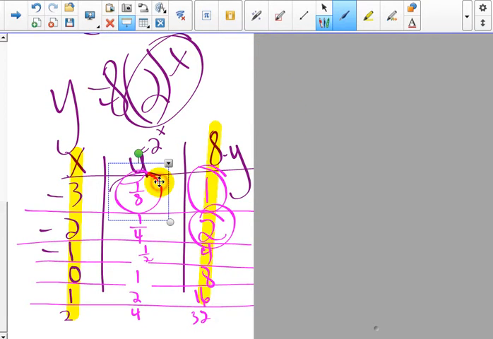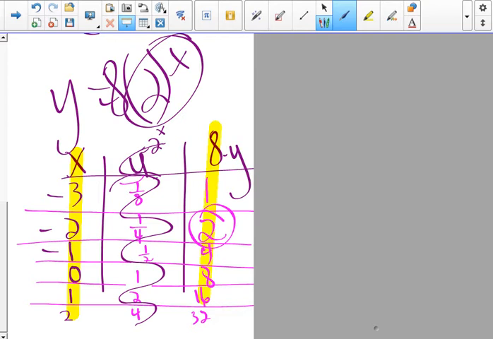Now applying the stretch, we're going to take 8 times 1/8, which is 1. 8 times 1/4 is 2. 8 times 1/2 is 4. 8 times 1 is 8. 8 times 2 is 16.